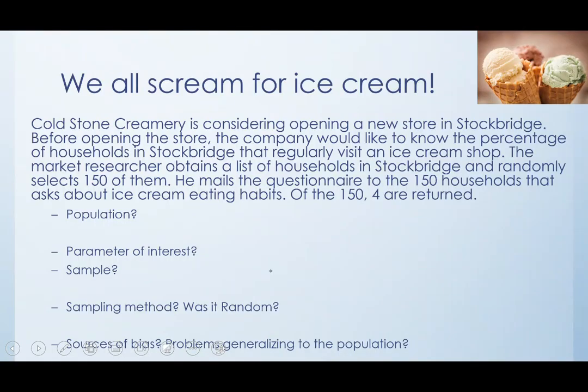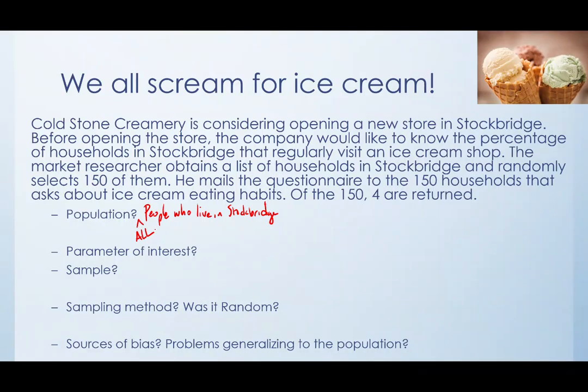So what is our population? I would say our population is households or people who live in Stockbridge. So this is all the people who live in Stockbridge, which I can't spell, but you knew that. Right?